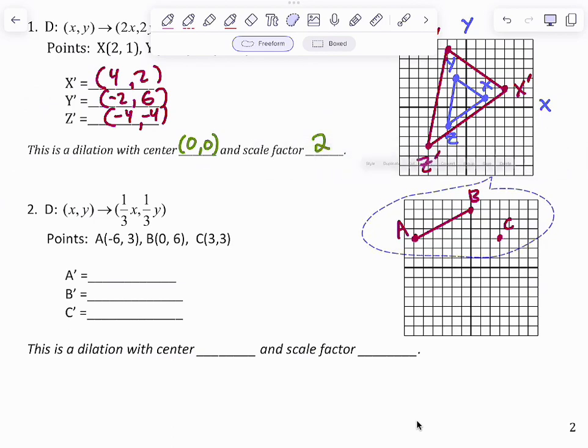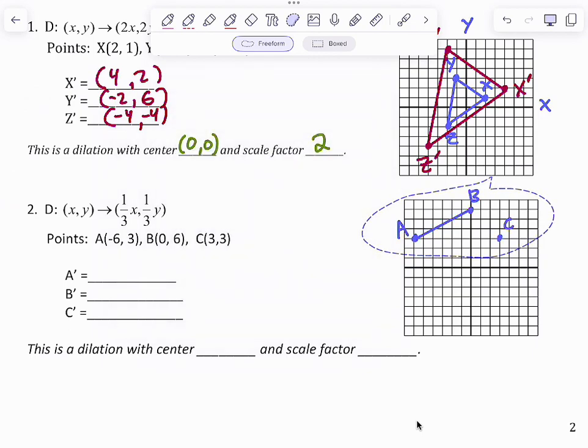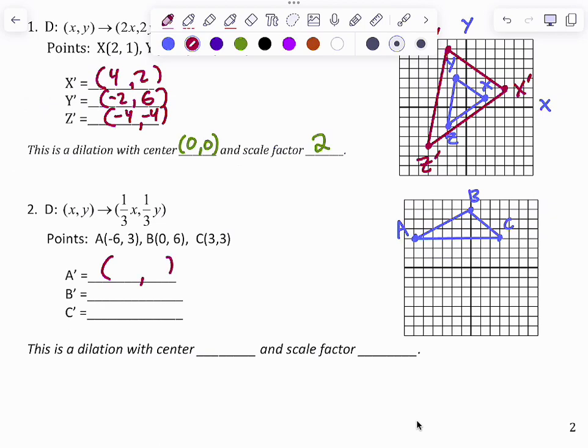I'm going to change my color to be blue. One-third is the same thing as dividing by 3.